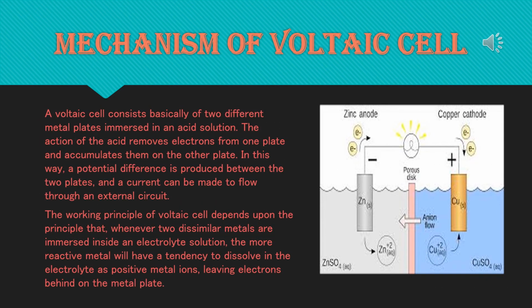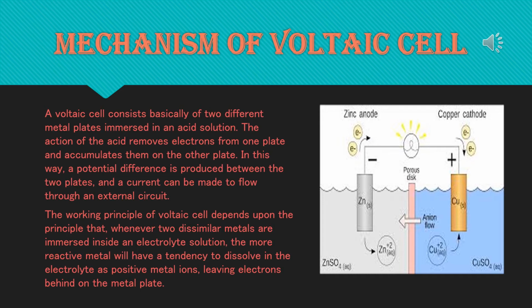Now I am describing the mechanism of the voltaic cell. A voltaic cell consists basically of two different metal plates immersed in an acid solution. That means two electrodes immersed in an acid solution or an electrolyte.